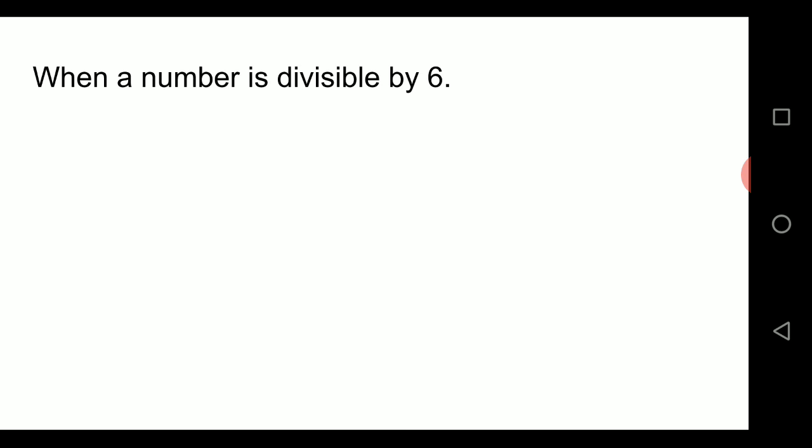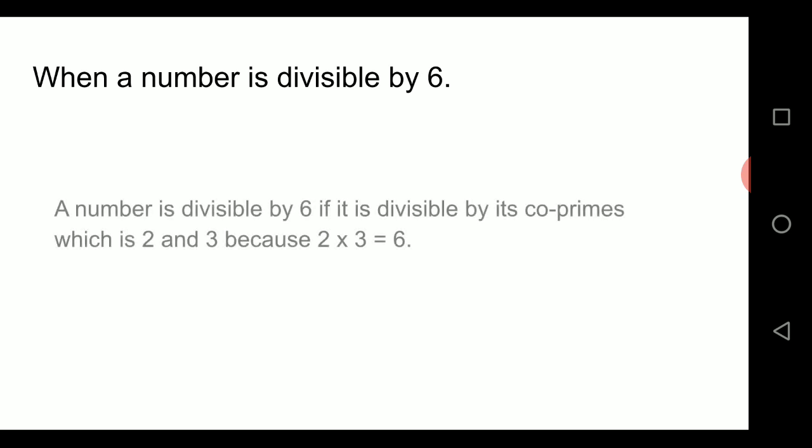When a number is divisible by 6, you can observe that 6 is not a prime number, it is a composite number, because 2 into 3 is 6. So here is the definition of divisibility for 6.